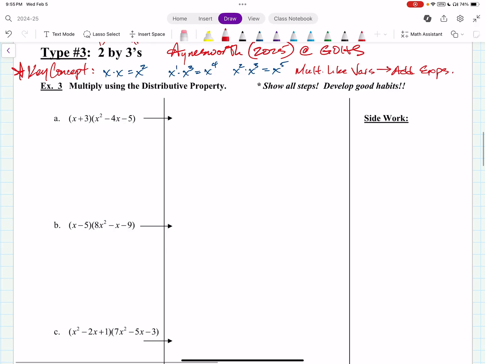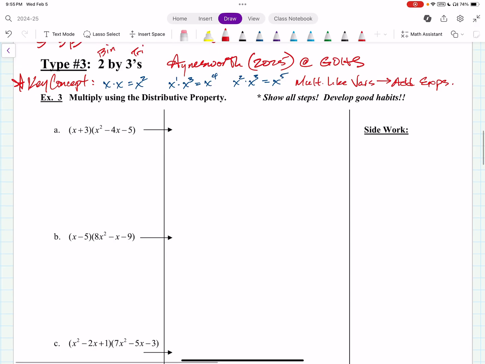Here we go. We're going to take a look at a 2 by 3, a binomial times a trinomial. And all it takes is distributive property. Okay, we want to show all steps, develop good habits. Let's do this in two colors, okay? So first, I have to take my first term, x, and distribute it into the trinomial.